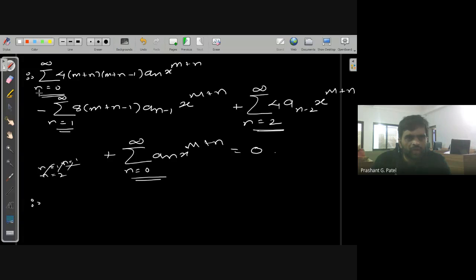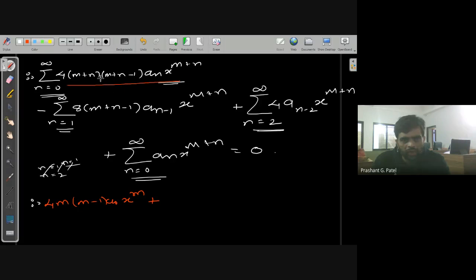So first of all, n equal to 0 for the first term which we have here. So that is 4 into m minus 1 a0 into x power m. That is the first term. N equal to 0 term will give this. Plus I will put n equal to 1 also.